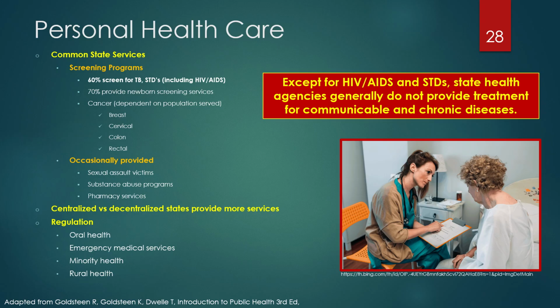A minority provides services for victims of sexual assault and violence, substance abuse prevention, or pharmacy services. Agencies in centralized states provide these services more often than those in decentralized states. Most state health agencies provide or regulate at least some clinical services in oral health, emergency medical services, minority health, and rural health.